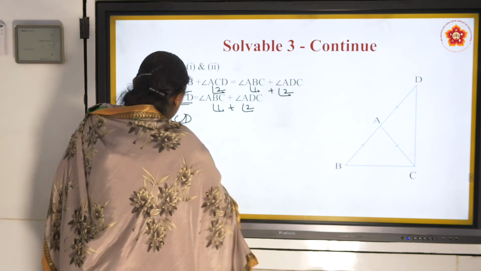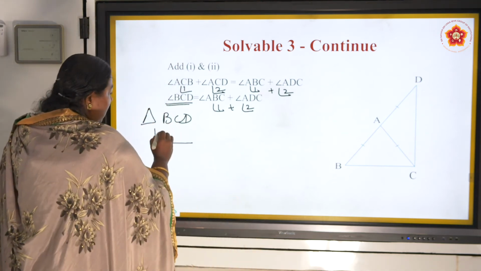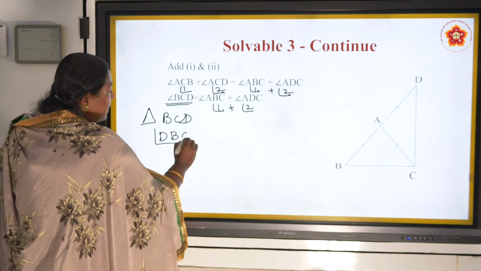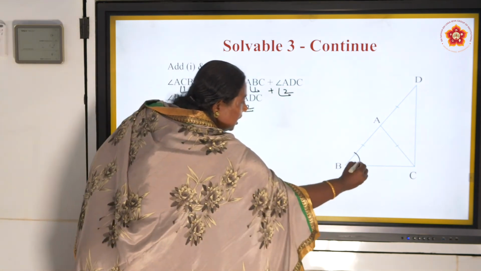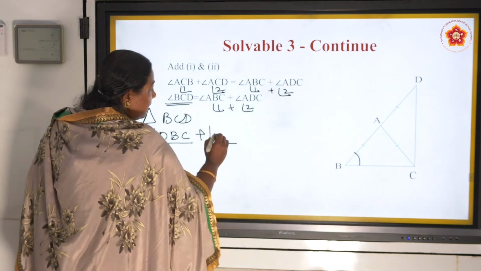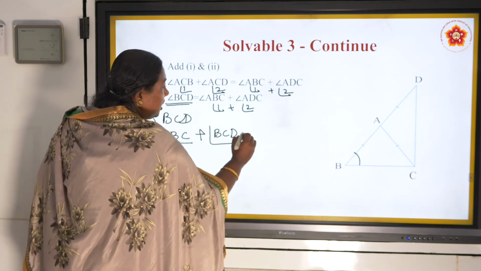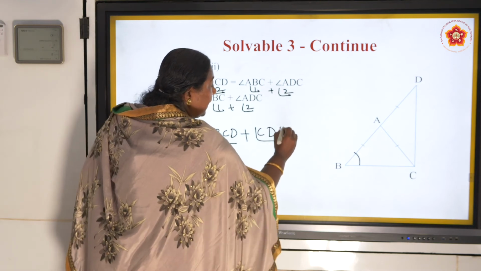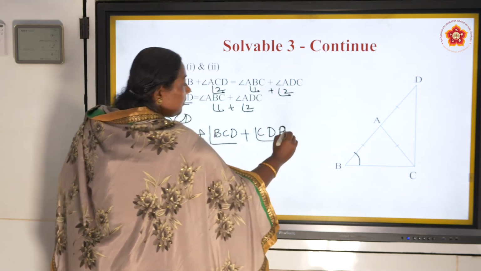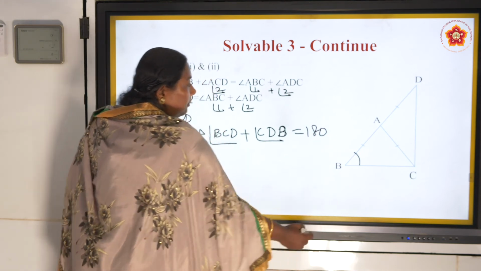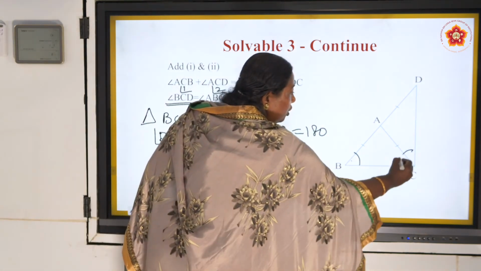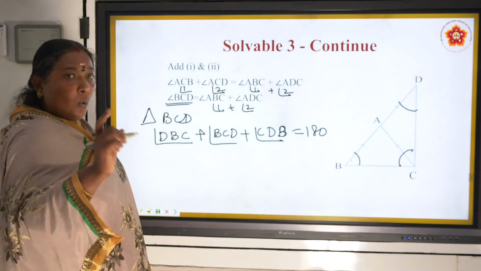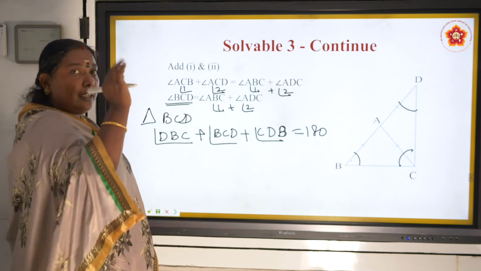So let us take all the angles: DBC plus BCD plus CDB, which is equal to 180. That means all three angles, the sum of the three angles, is equal to 180. Okay, that is what we learnt already.